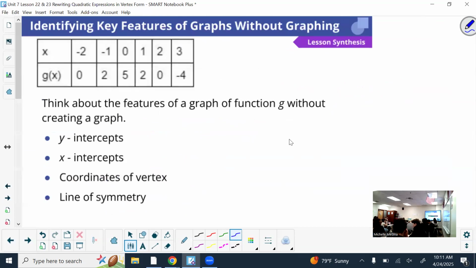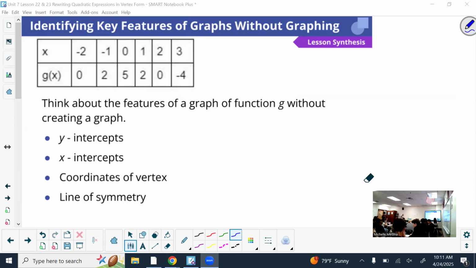Okay, this one. So identifying key features of the graphs without graphing. So from a table now. Think about the features of a graph of function g without creating a graph. So your y-intercept, you can see on the table. The x-intercepts, you can also see on the table. The vertex, we've never really defined how to find it from a table, but I believe in you.